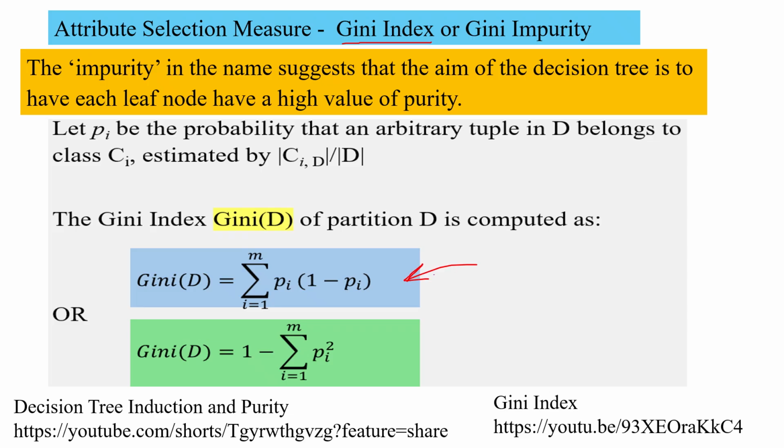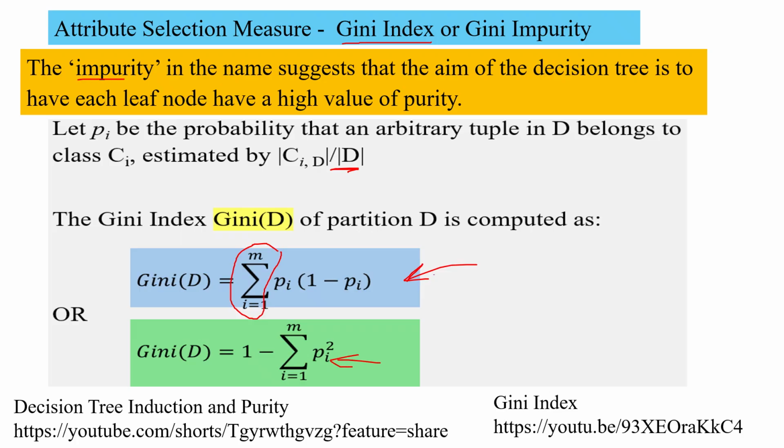If Pi is the probability that a tuple belongs to class Ci in the whole tuple set D or in the partition D, then the Gini index is computed as the summation over all classes of the product Pi into 1 minus Pi, and can also be written in this manner.